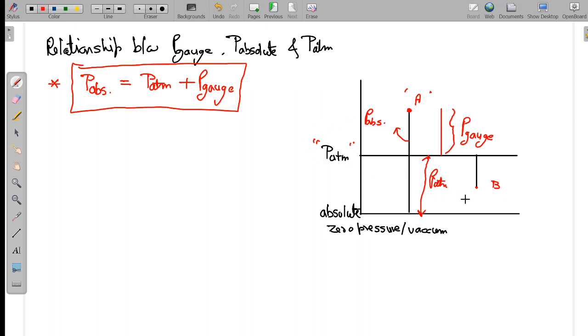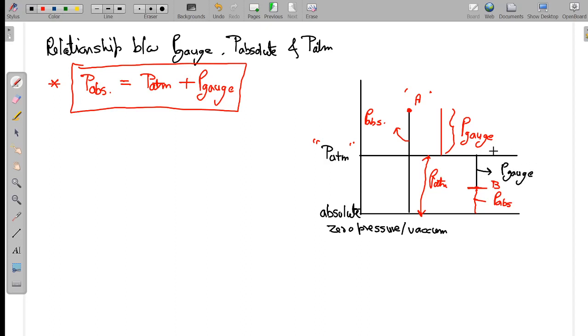Okay. Now let us consider that we have to find out the pressure of this point. Similarly, as here, if I am measuring the pressure from absolute zero, this line, then it will be called P absolute. And if I am measuring the pressure with reference to atmospheric pressure, then it will be called P gauge.